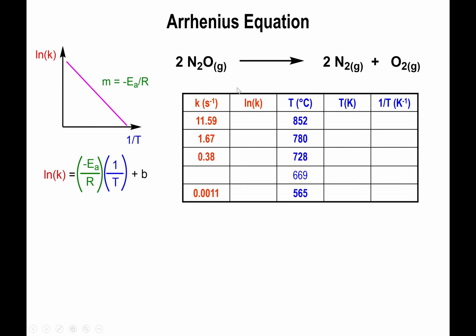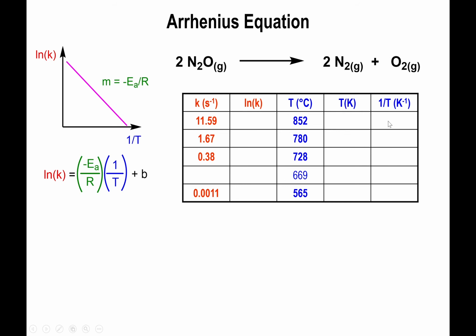So I could use the 4 rows, the first 3 and the last one, for which I have rate constant and temperature data. And using Excel or some other program, what you will have to do is change the temperature from Celsius to Kelvin, then change the Kelvin temperature to inverse temperature, so literally divide 1 by the temperature.